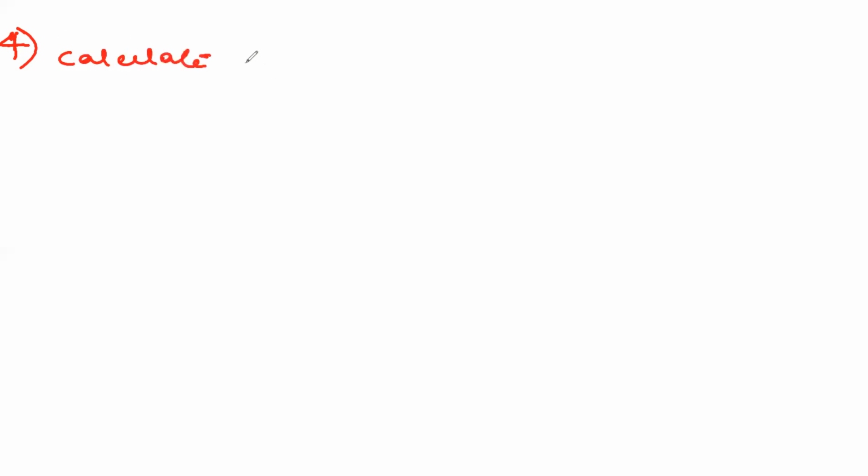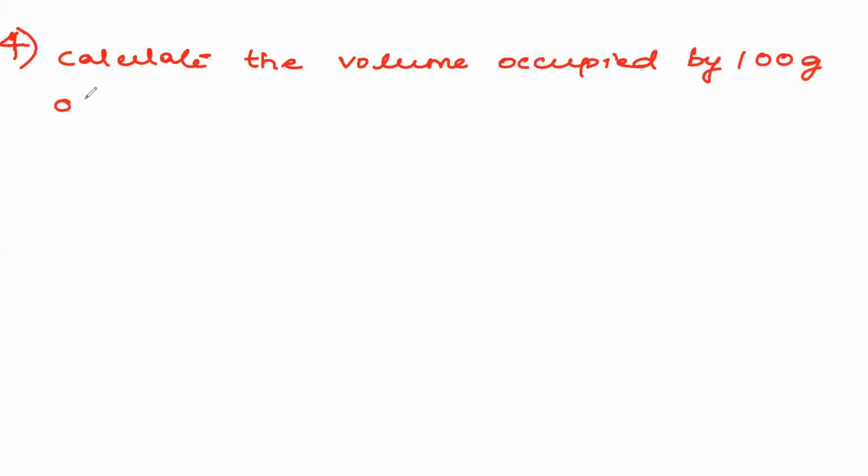Calculate the volume occupied by 100 grams of carbon dioxide gas at STP. At STP is important. If they didn't specify STP, we cannot apply the mole concept. So for every volume calculation question they have to specify STP.